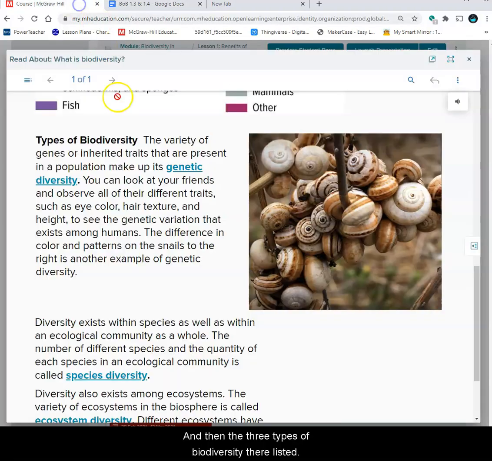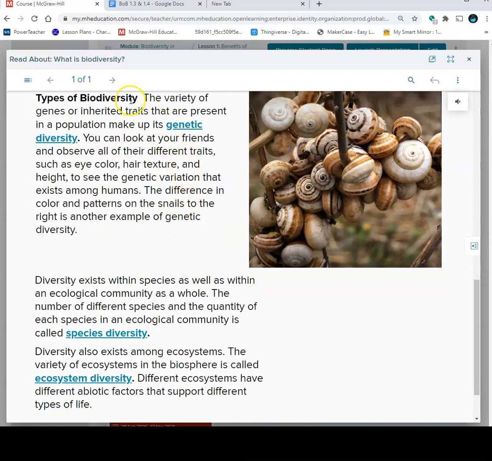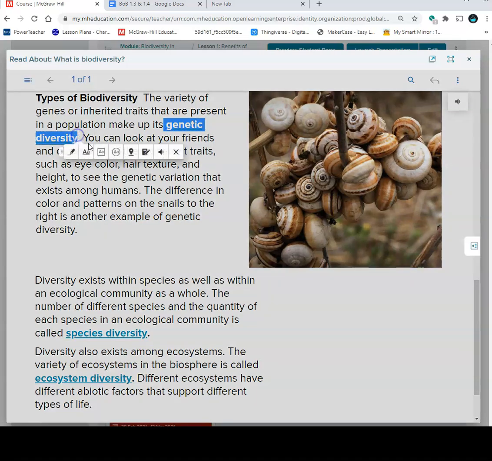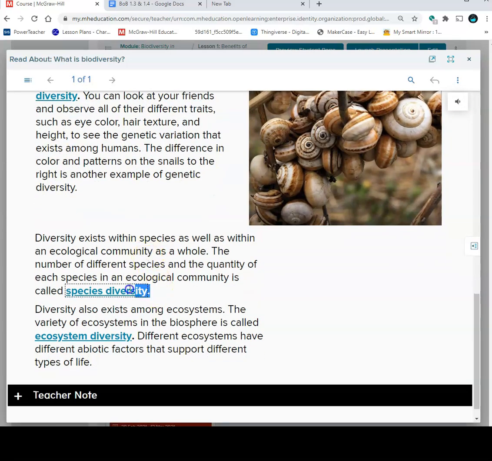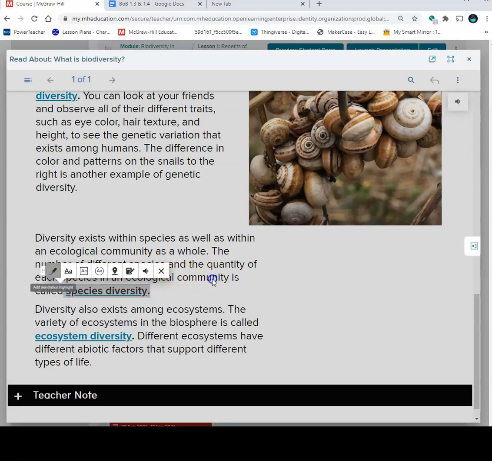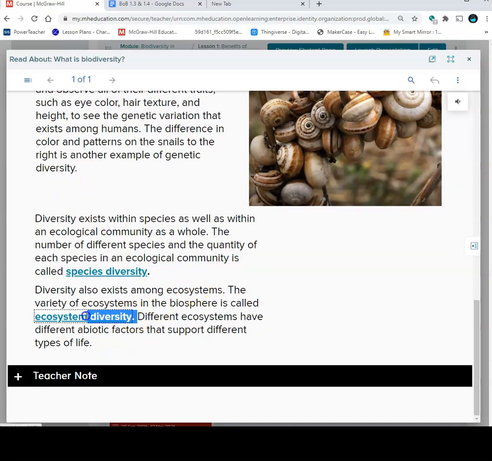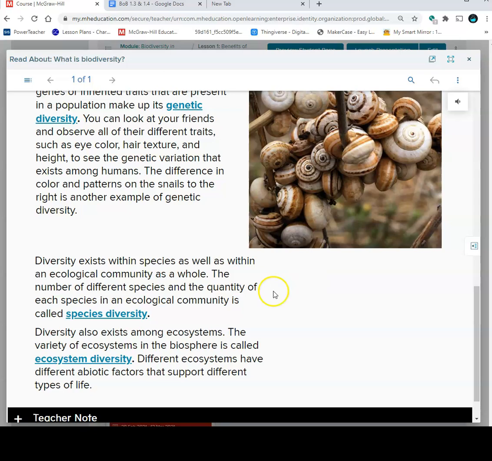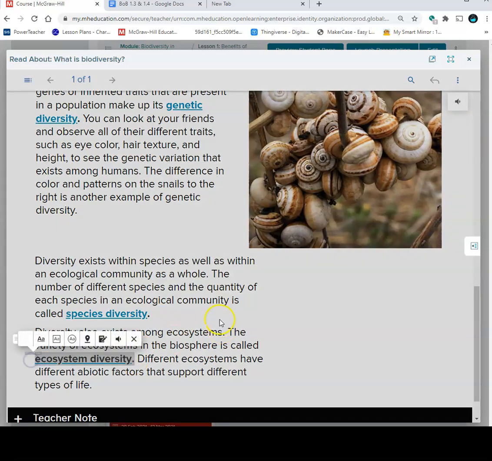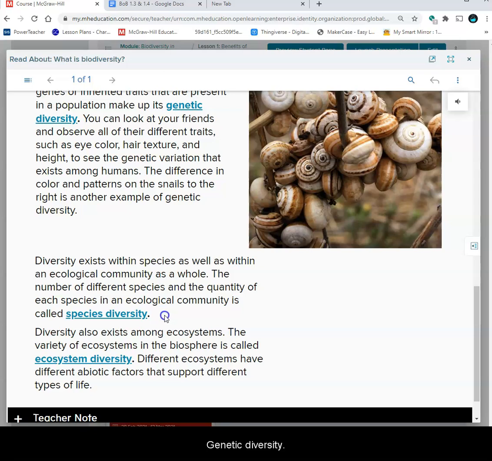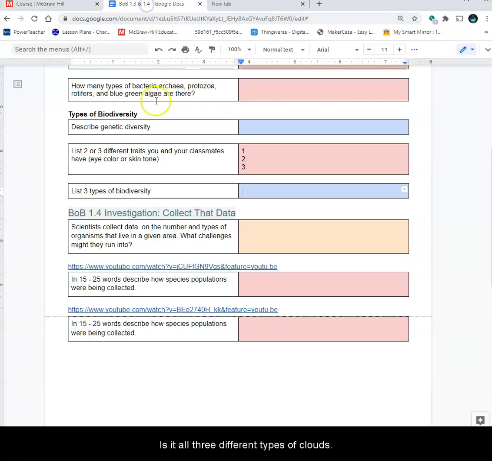And then the 3 types of biodiversity that are listed in the reading: genetic diversity, species diversity, and ecosystem diversity. Those are all 3 different types of biodiversity.